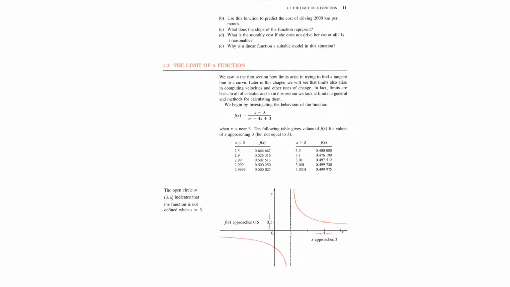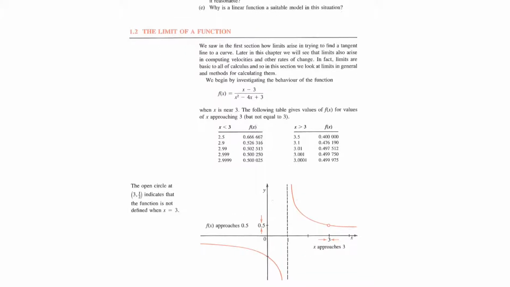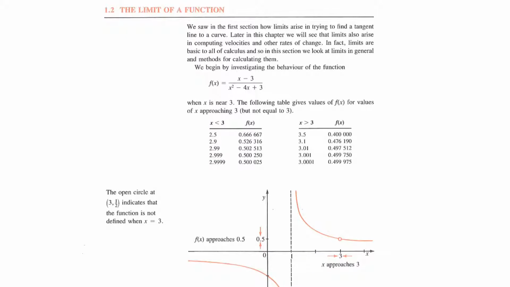Let's recap. We started with some concepts that we need in calculus. We talked about the sum and difference of cubes, and difference of squares. We talked about the factor theorem.